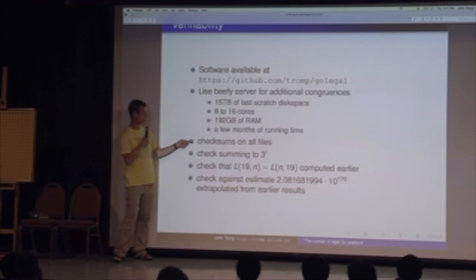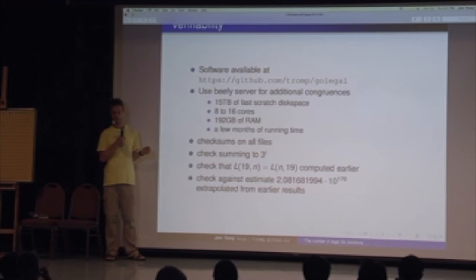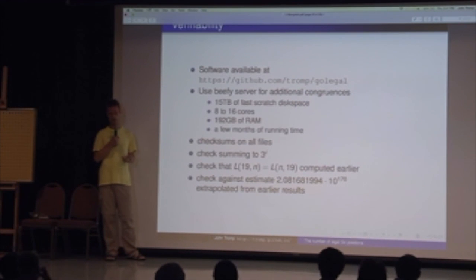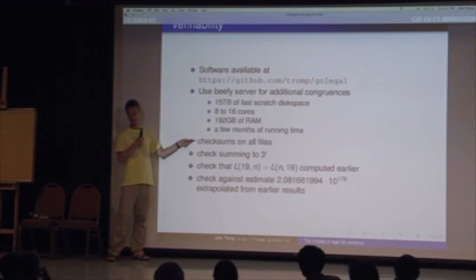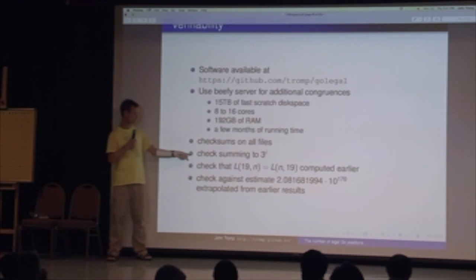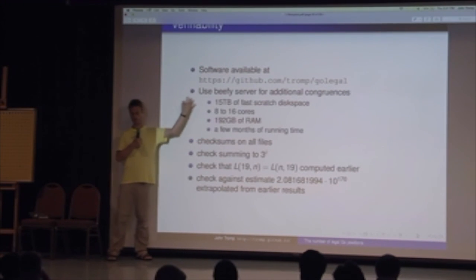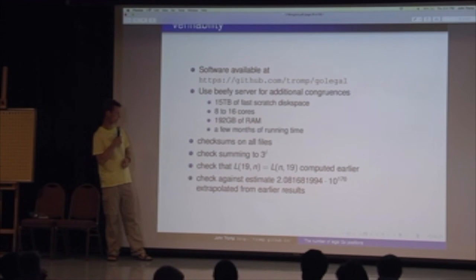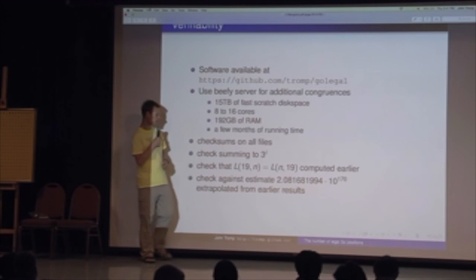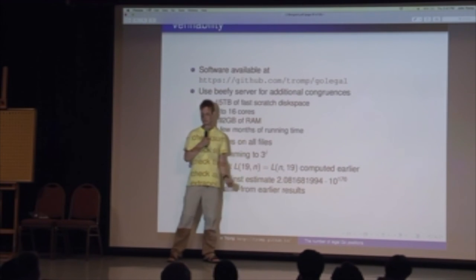The software uses additional checksums on all the files. So if there were some error reading back a file that wasn't detected by the hardware, then I would still see the failing checksum. I check that all my counts sum up to the proper value 3 to the I. Of course, 3 to the I modulo my 64-bit modulus that I happen to be using. And another good check is that earlier, when I was computing, let's say, 13 by n boards, I didn't stop at 13 by 13.